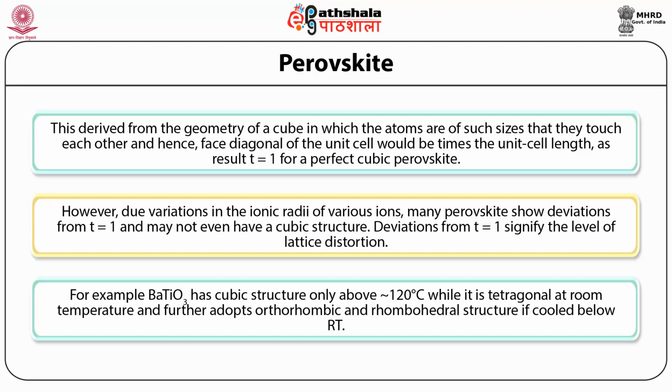The barium titanate structure is cubic only above 120 degrees Celsius, while it is tetragonal at room temperature, and further adopts orthorhombic and rhombohedral structures if cooled below room temperature.